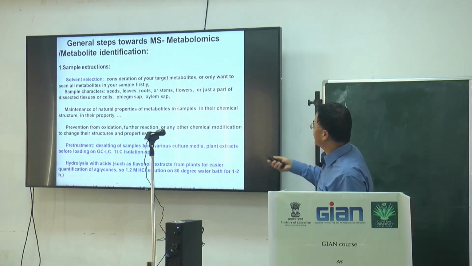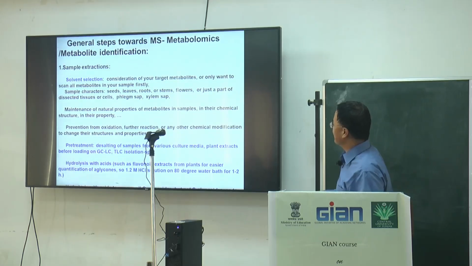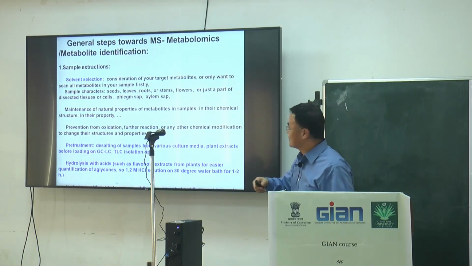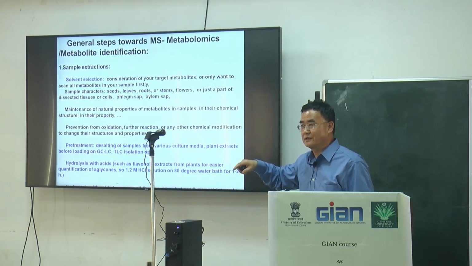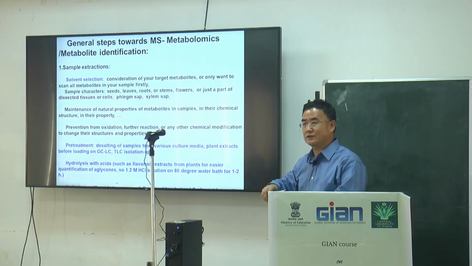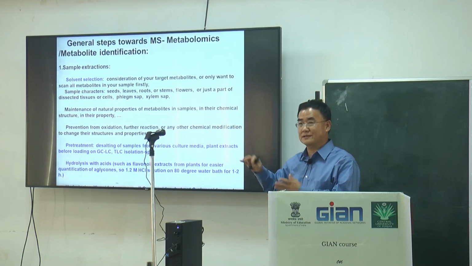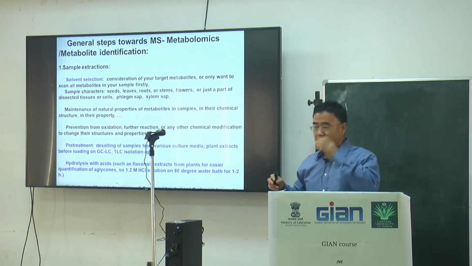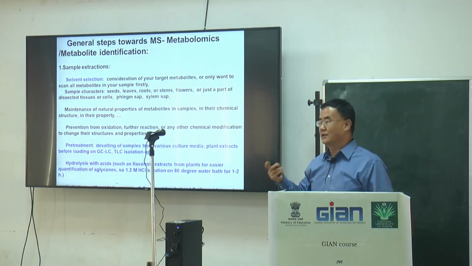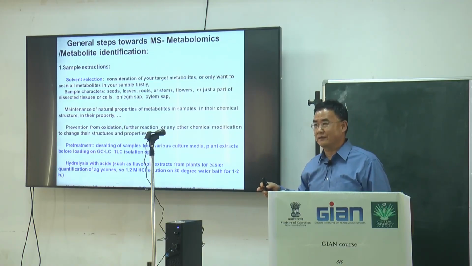So consider your target metabolites, or whether you only want to scan all the metabolites in your sample. If you just want to scan all of the metabolites, we can do non-targeted analysis. Usually, if you use LCMS, we use 80% methanol.